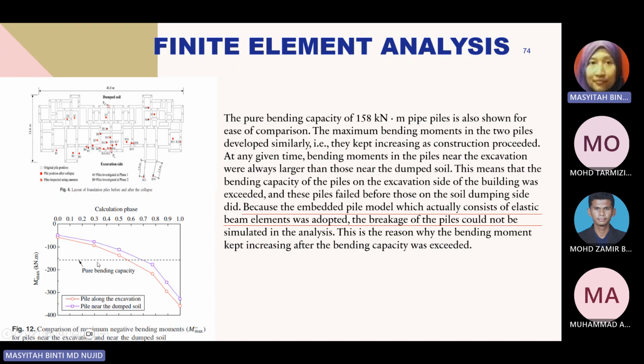So you can see that the value of the pile along the excavation showed the same trend as the pile near the dump soil, but indifferent lah for the value, because the embedded pile model, which actually consists of elastic beam elements, was adopted. The breakage of the piles could not be simulated in this analysis. So ni antara kelemahan lah. This is the reason why the bending moment kept increasing after the bending capacity was exceeded.